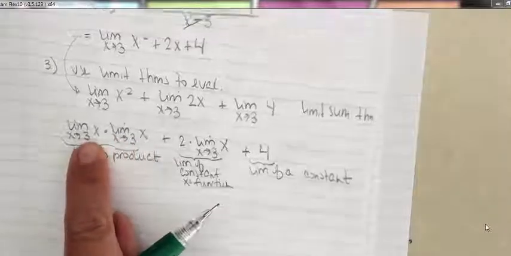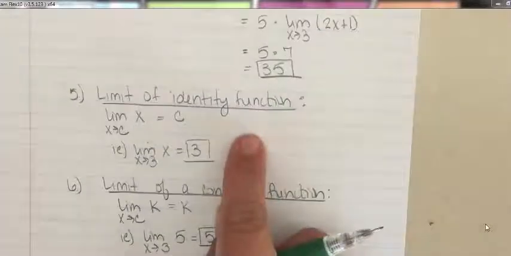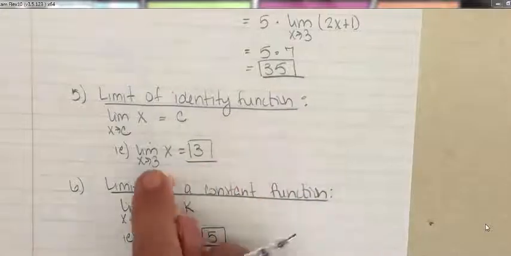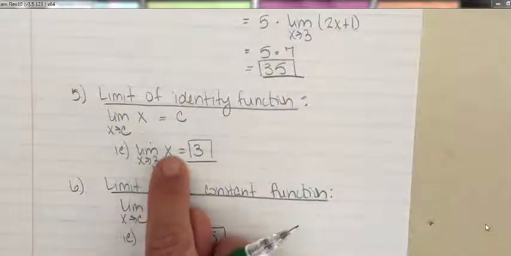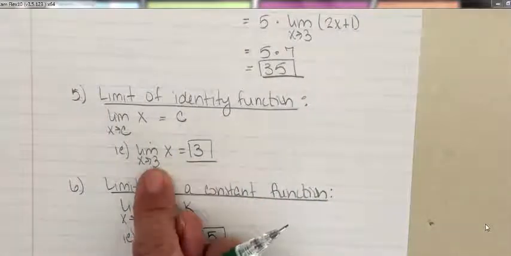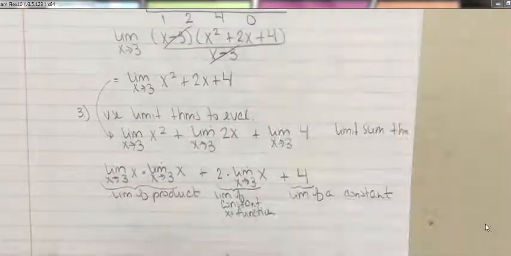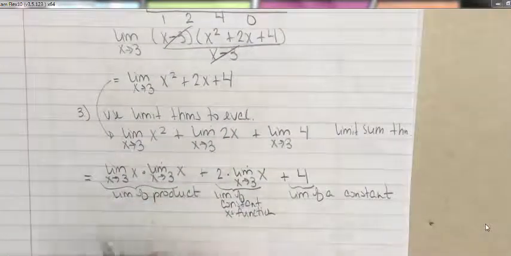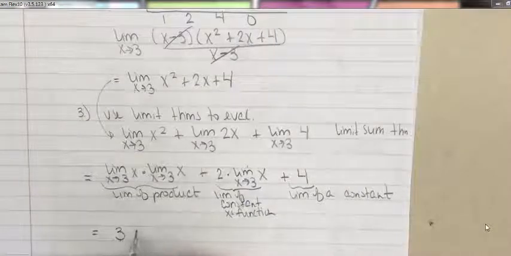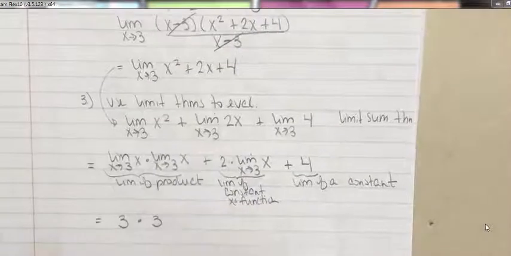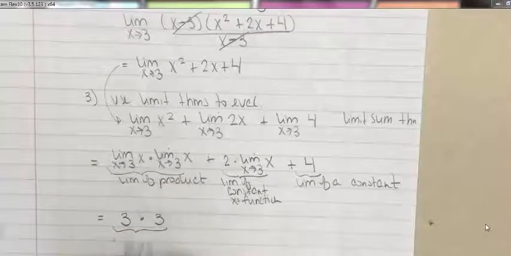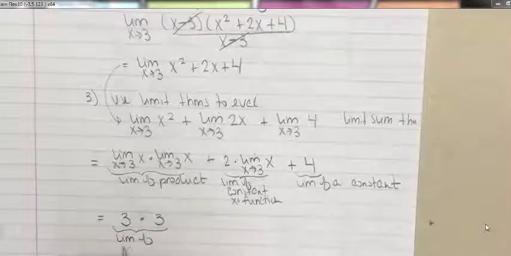So that's the theorem limit of an identity function. Basically, you plug 3 or whatever in for x, you're going to get whatever that is. That's c. So in this case, it ends up being 3 times 3, right? And those were both the identity, so limit of identity.